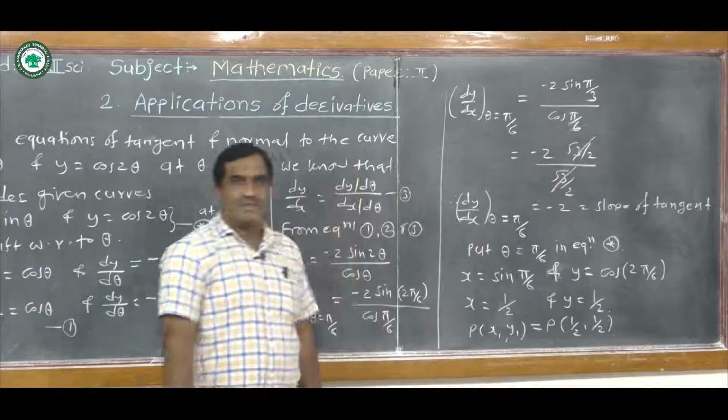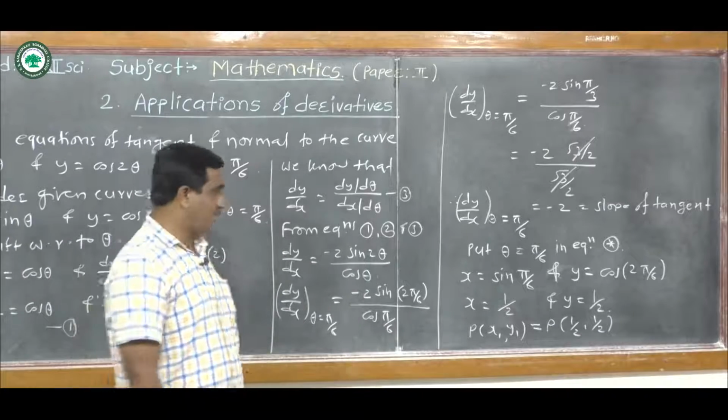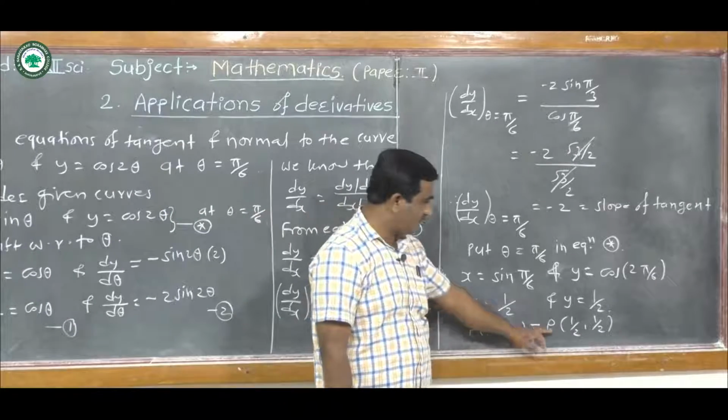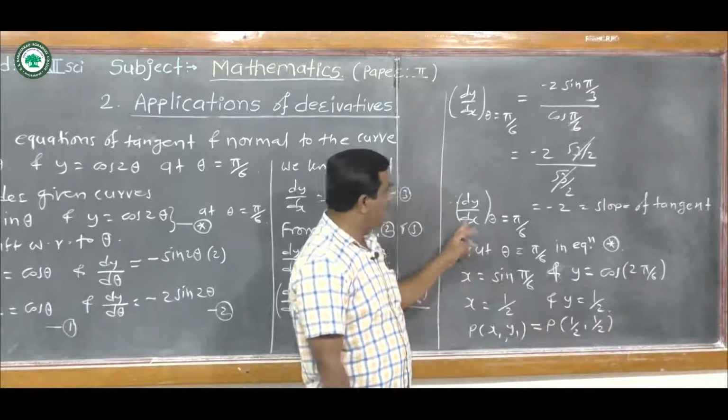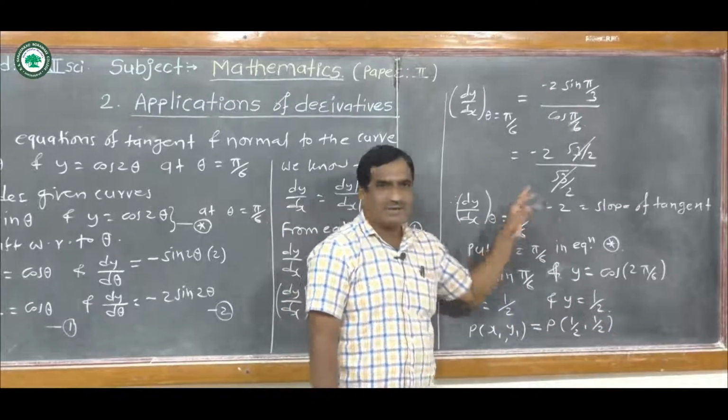Now we have to find the equation of tangent at point P(x1, y1), that is P(1 by 2, 1 by 2), having slope dy by dx equal to minus 2.